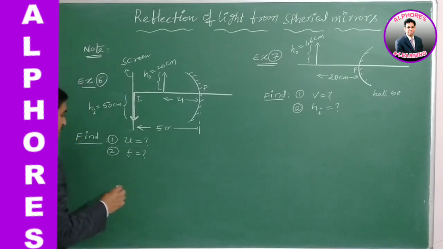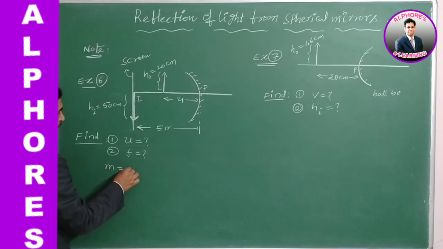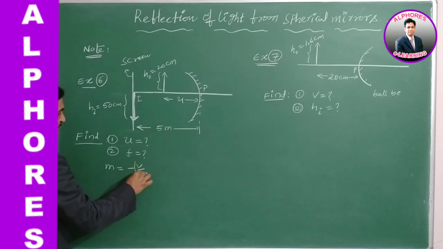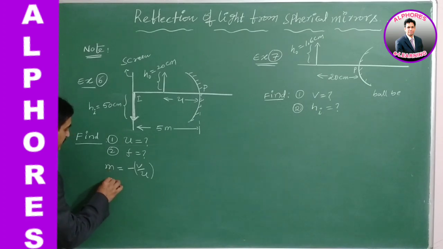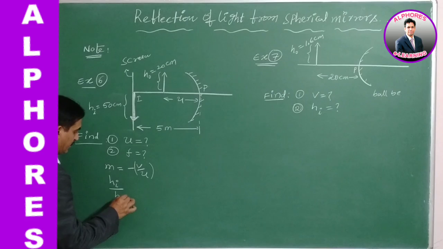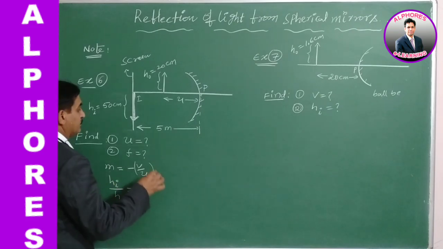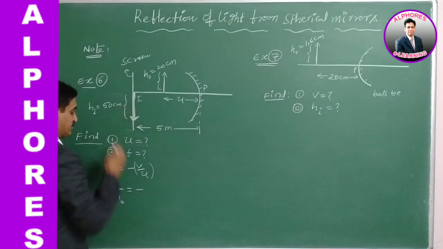Now, let us move on to the fundamental formula. Magnification is equal to minus v by u for spherical mirrors. Okay. Now, magnification is Hi by H0 is equal to minus v, where v is the image distance.